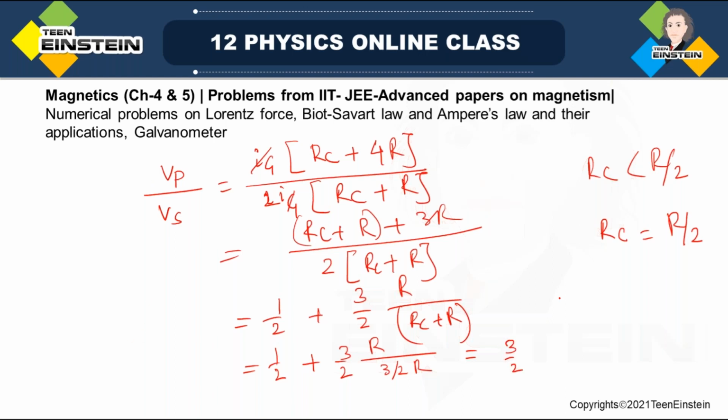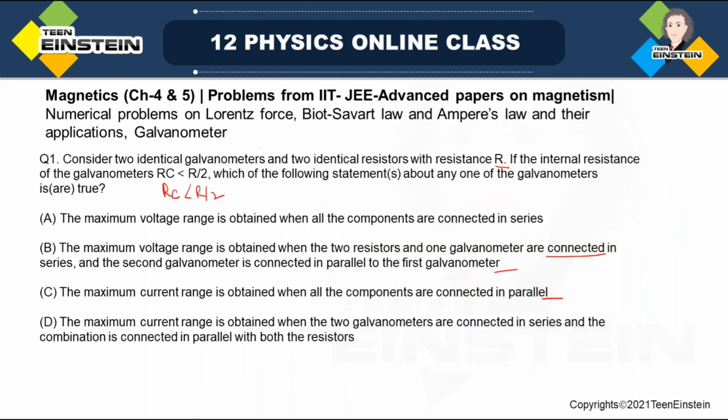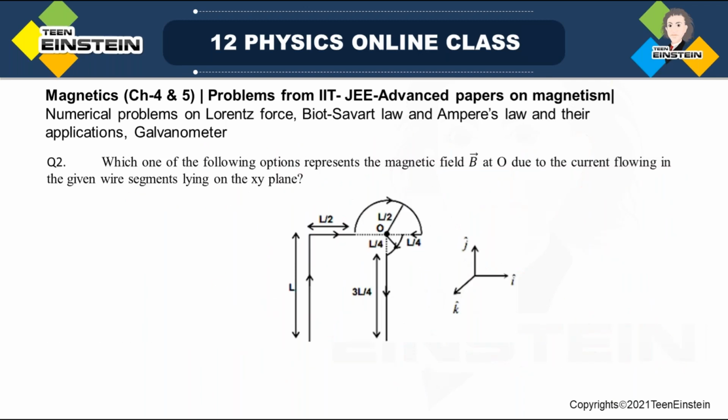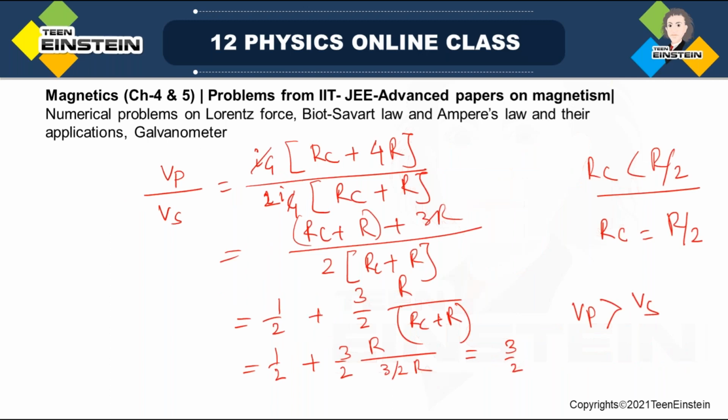So we can see that Vp is greater than Vs actually, because this Rc is less than R by 2. If you look here, Rc is less than R by 2, and we have taken the greater quantity.